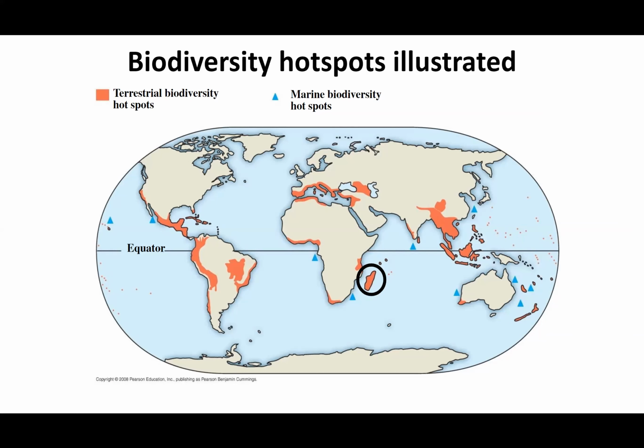Lots of biodiversity hotspots, lots of biodiversity on islands. Does anybody have any idea why islands might sort of invite biodiversity? It's kind of a hard question. So even if you have a thought, it's always good.